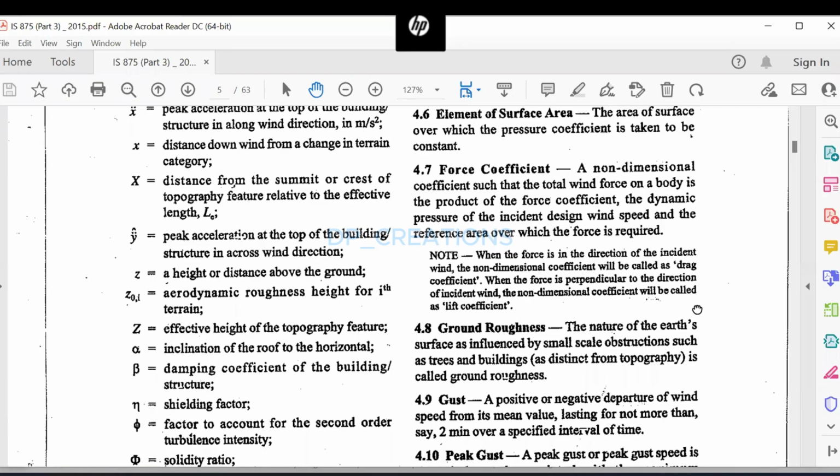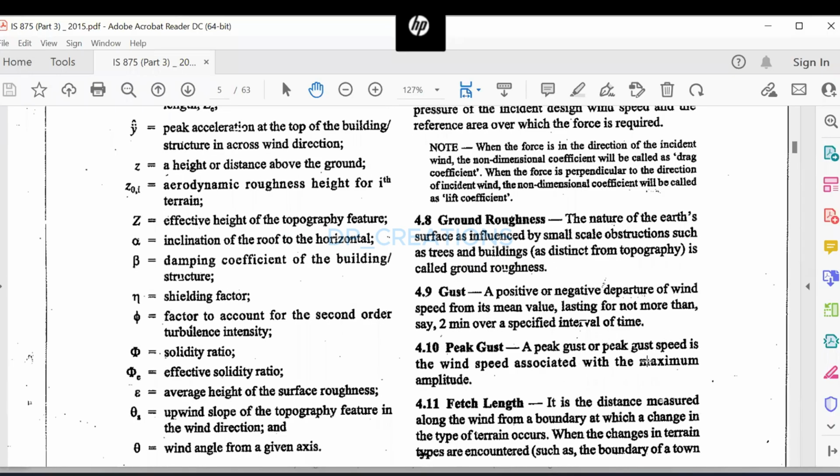Okay. Now gust: a positive or negative departure of wind speed from its mean value, lasting for not more than say 2 minutes over a specified interval of time. So gust is the above-average wind pressure.